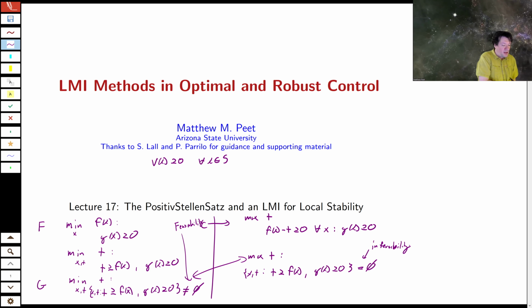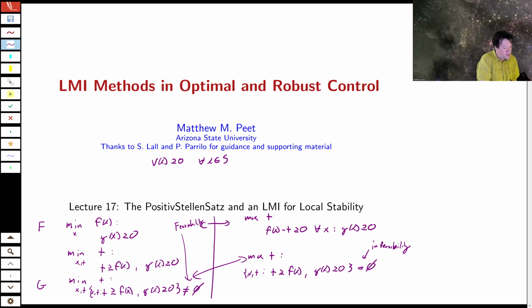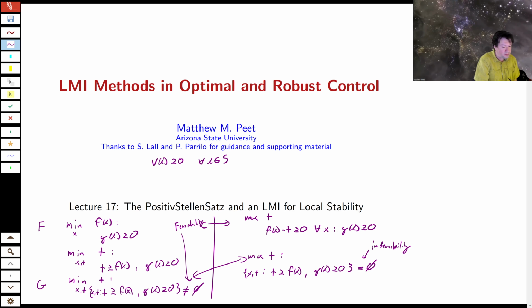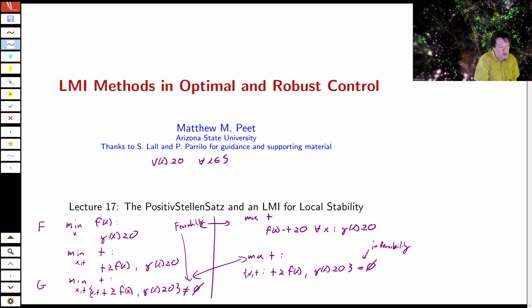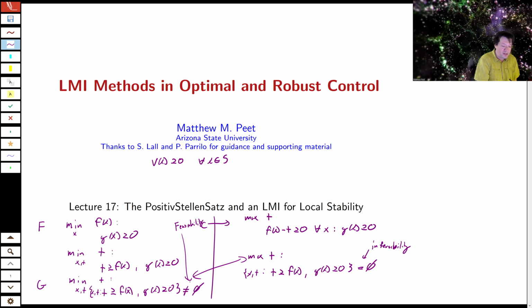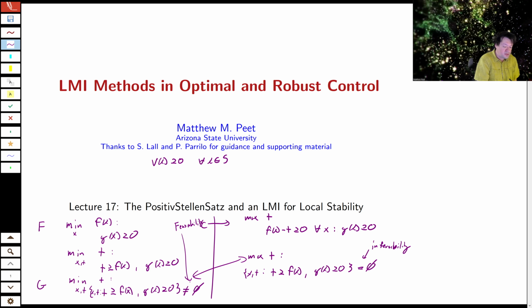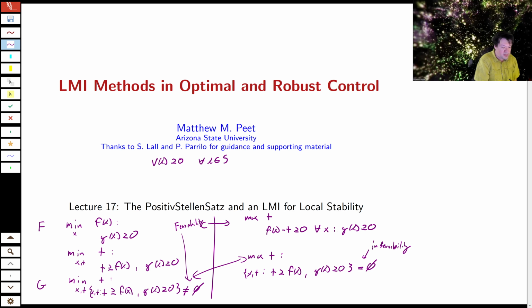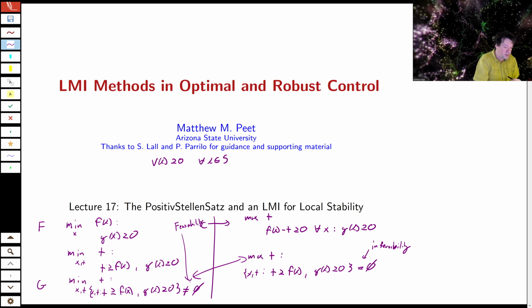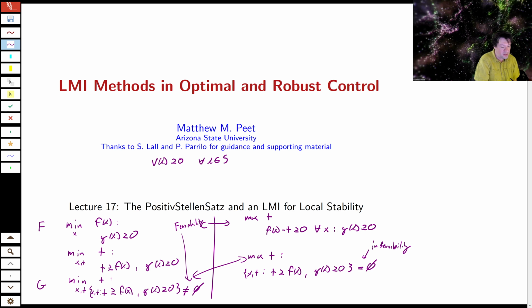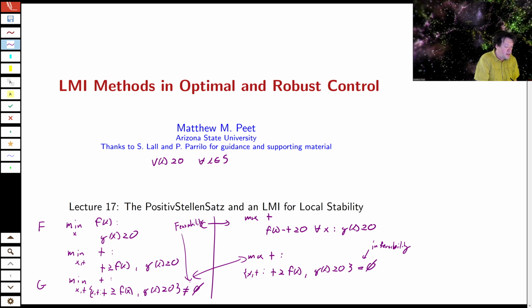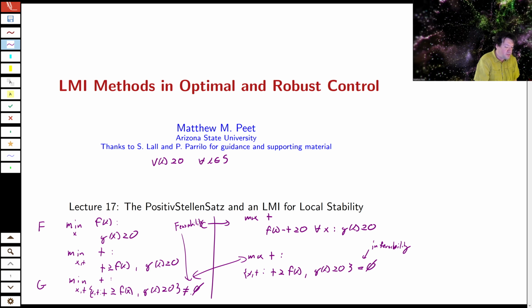And we argued in the last lecture that proving the feasibility problem in some ways is easier than proving the infeasibility problem, even though these are sort of dual problems. The objective function is equivalent in both cases. In the feasibility case, you actually have to find a point.